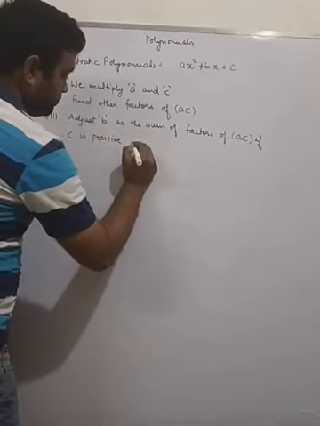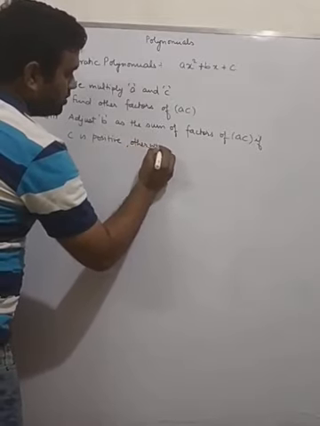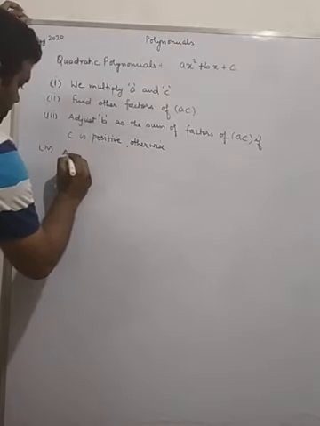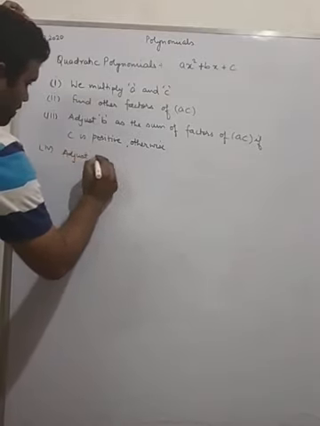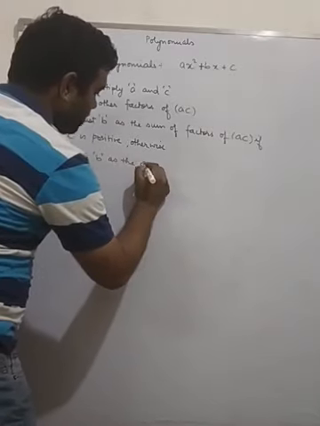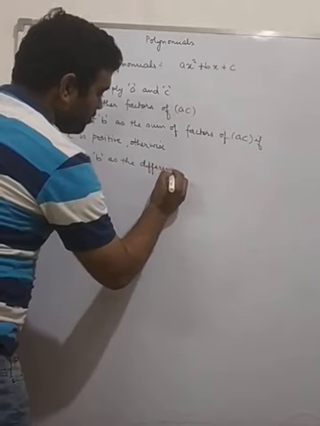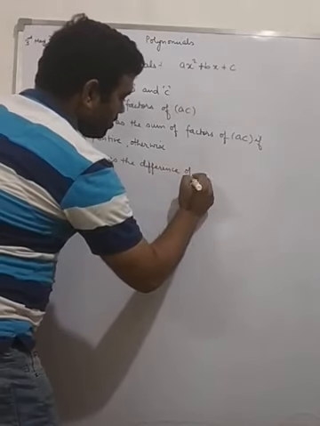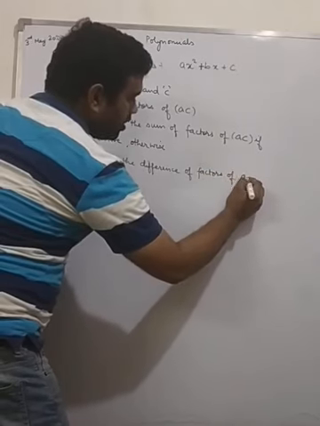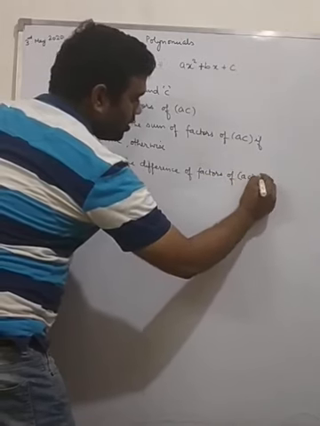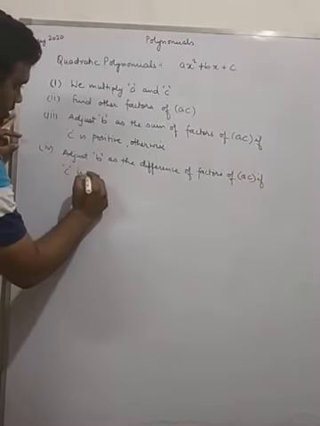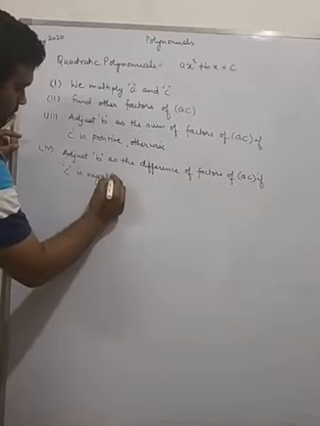Otherwise, adjust B as the difference of factors of AC if C is negative.